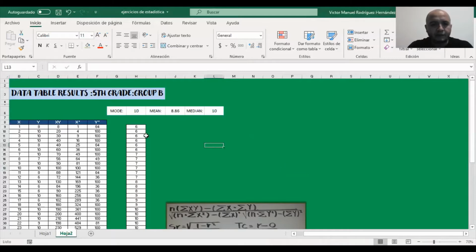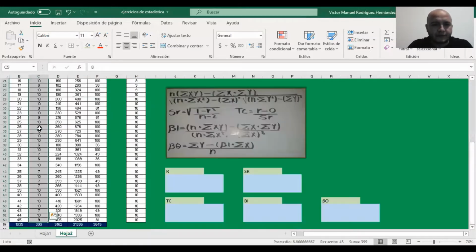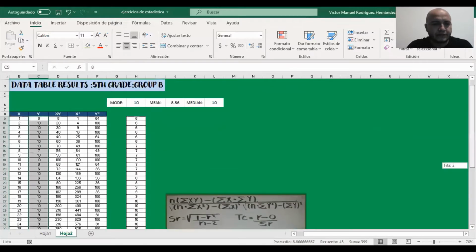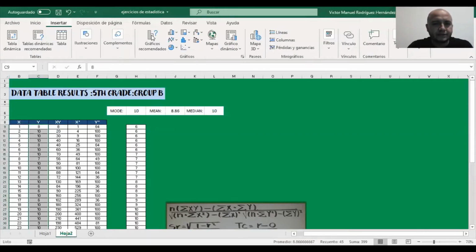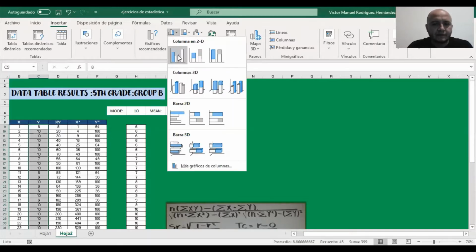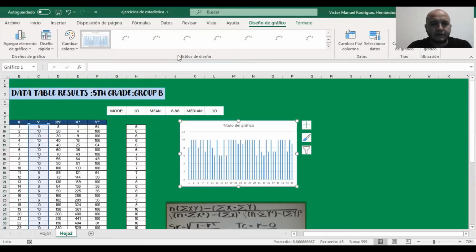Now, we have to use graphics for this. So we're going to use a little graphic. Just select the students' grades, click on insert, and insert the graphic. There it is.